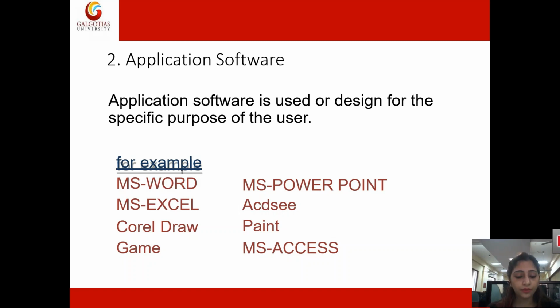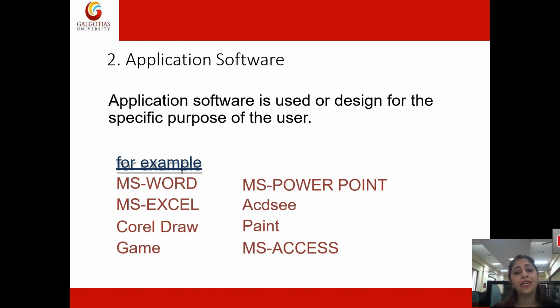For example, if you are going to do a certain task, for that particular task we need some specific software that is used to accomplish it. Suppose we are going to do some documentation, we need to have MS Word. Suppose we have to make a presentation, we need to have MS PowerPoint.